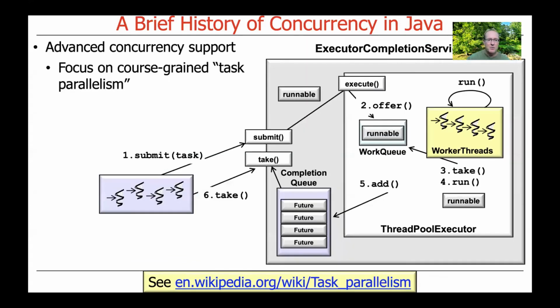And these mechanisms focus primarily on so-called coarse-grained task parallelism. You can see the link here for more information about what task parallelism is, and we'll talk in a second about what coarse-grain means. Coarse-grain in this context basically means it was expected to run on computers with a handful of multiprocessors or cores, maybe dual cores.